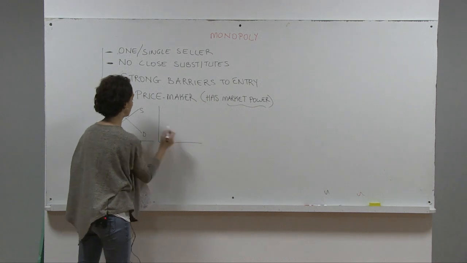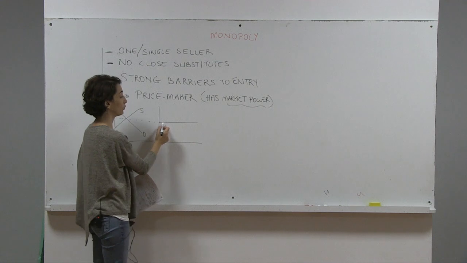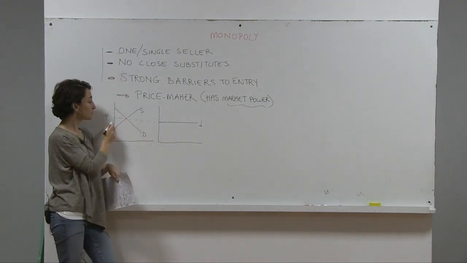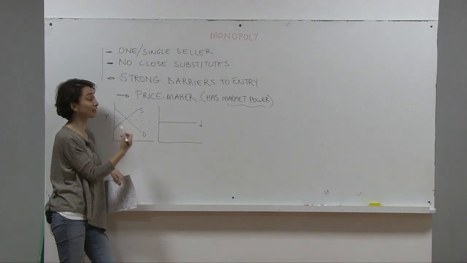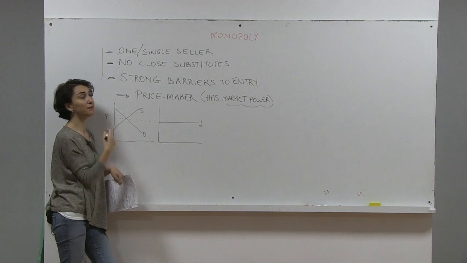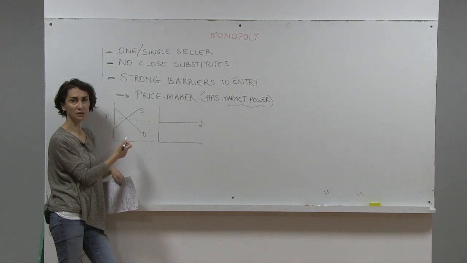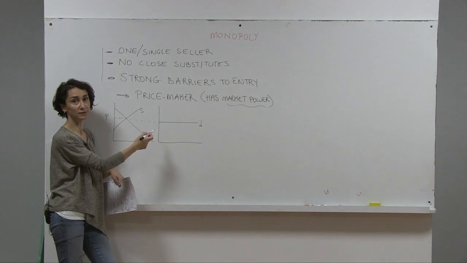And in a perfectly competitive market, the firm has to accept this price as it is. It cannot divert from this price because if as a firm I say I will sell this product at a higher price than the market price, I will lose all my customers, right?